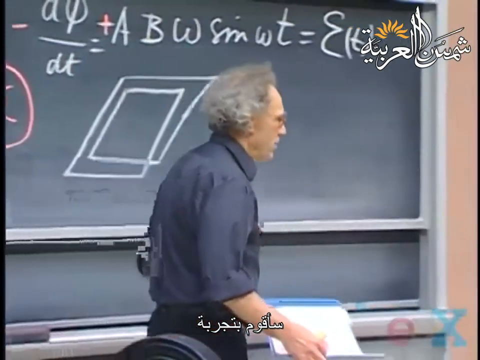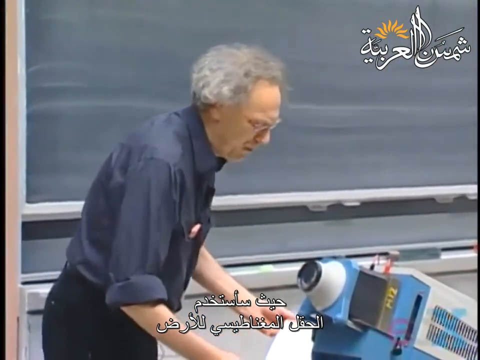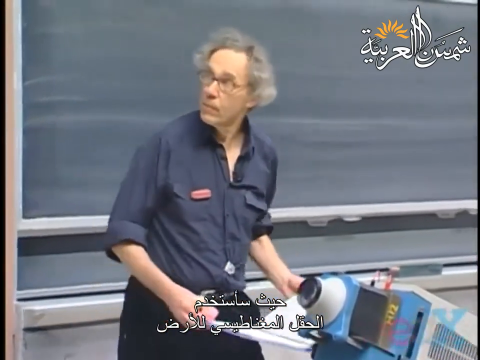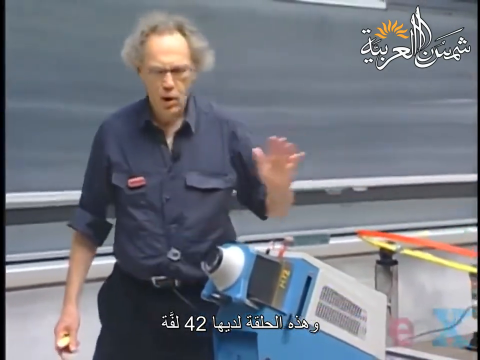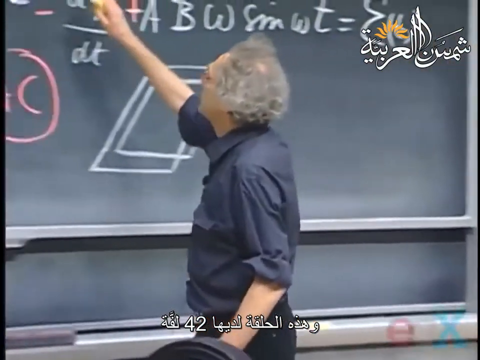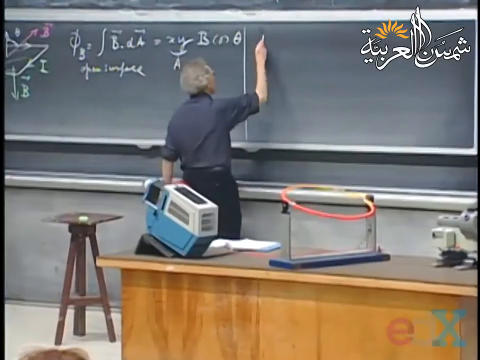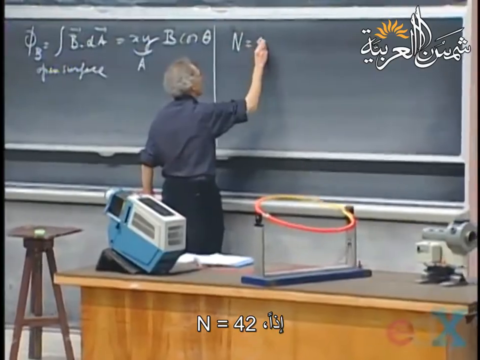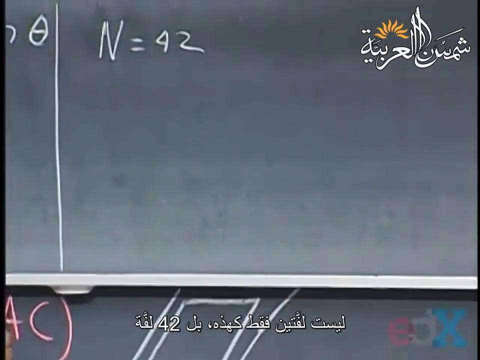I'm going to do a demonstration for you whereby I'm going to use the Earth's magnetic field and a loop that you see here that has 42 windings. So my capital N is 42, not just 2 like here, but 42.